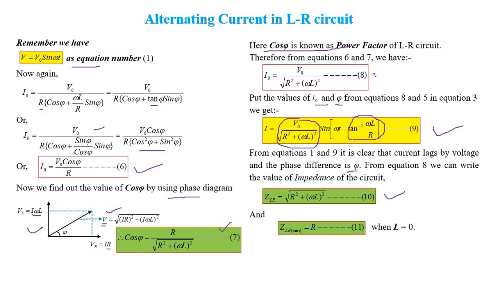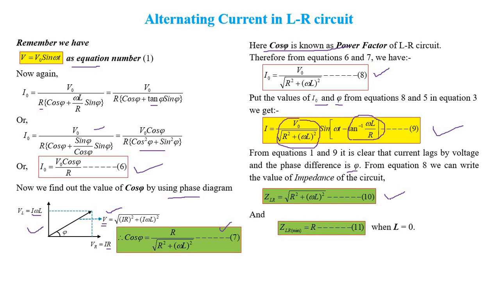Now see this equation number 8. The left hand side is the current term, so the right hand side must be the current term. For this purpose, the denominator side is the resistive part.